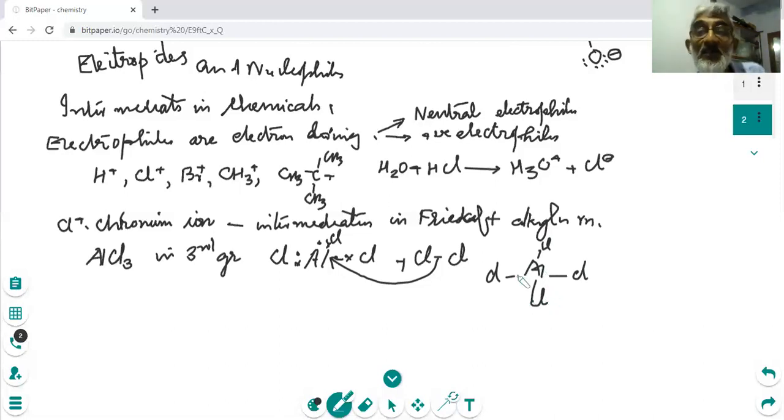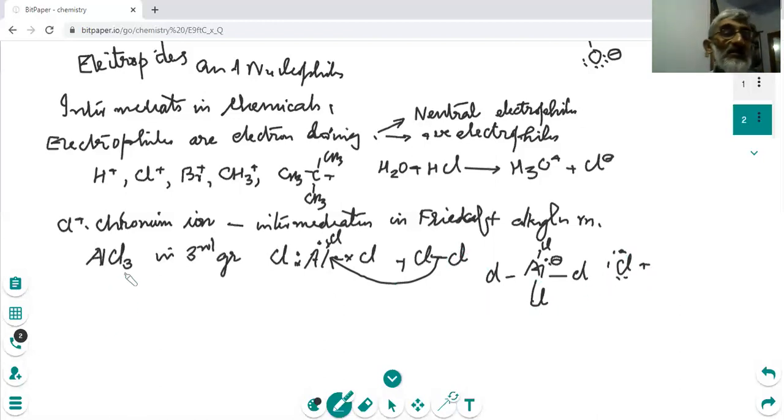Now see, aluminum has formed a fourth bond with this chlorine, so this pair of electrons is shifted here. Aluminum gets 1 extra electron, so it has a negative charge. And the corresponding species from here is Cl plus. So this is how Cl plus is generated. Cl plus has 3 lone pairs and 1 empty orbital.